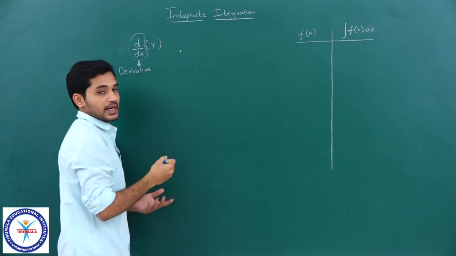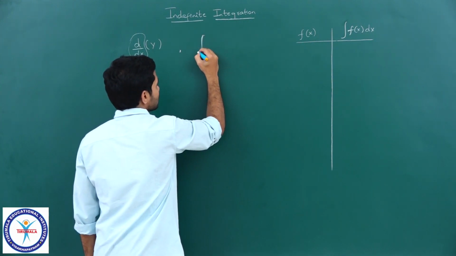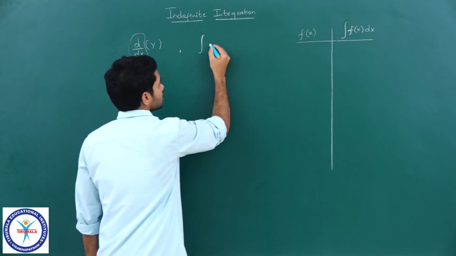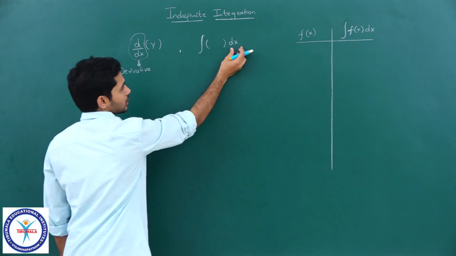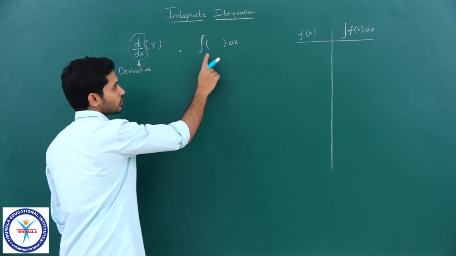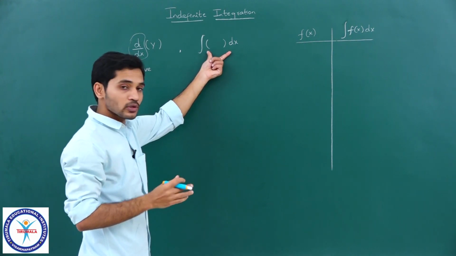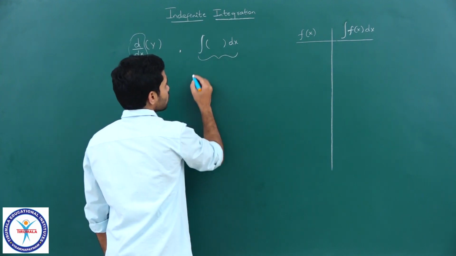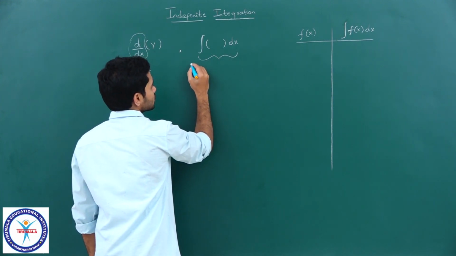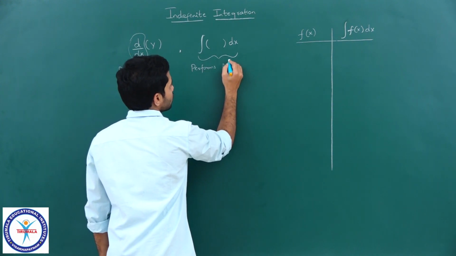Now, in the same manner, when I need to understand integration, I can represent it like this. You know this symbol, the integral sign, right. Integral of anything into dx. Clear? When I look at something in this form, you should understand that this is also an operator. How should we understand this? This is an operator which performs integration.